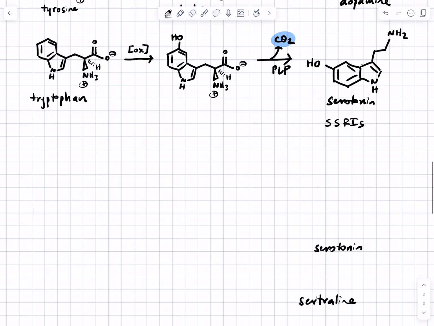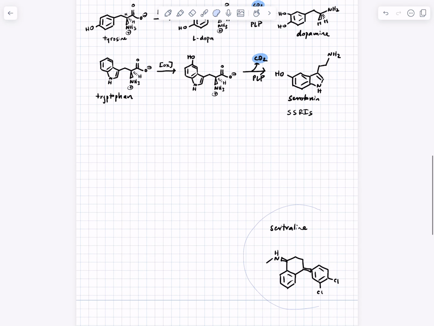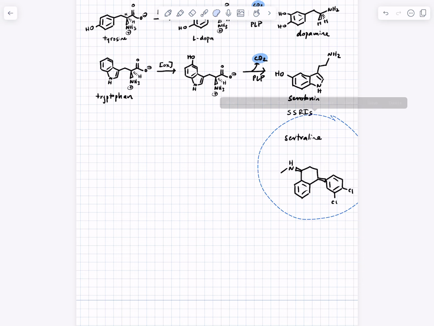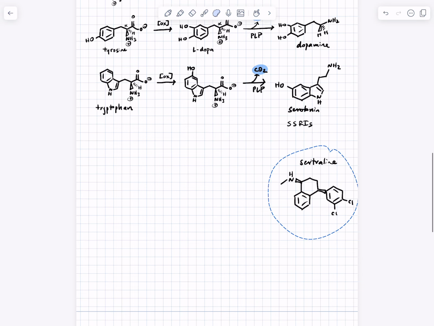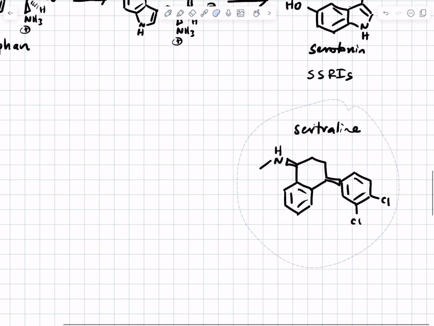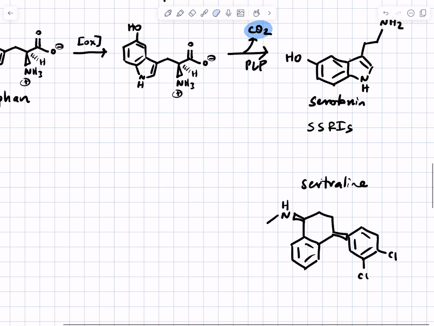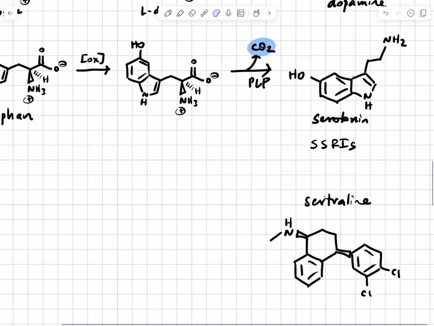I'm not a neuroscientist, so I don't necessarily know a lot of the neuroscience, but at least there was a hypothesis that some of the symptoms of depression, anxiety, even perhaps some symptoms of ADHD could be attributed to levels of serotonin not being what they should be in the space between your synapses.